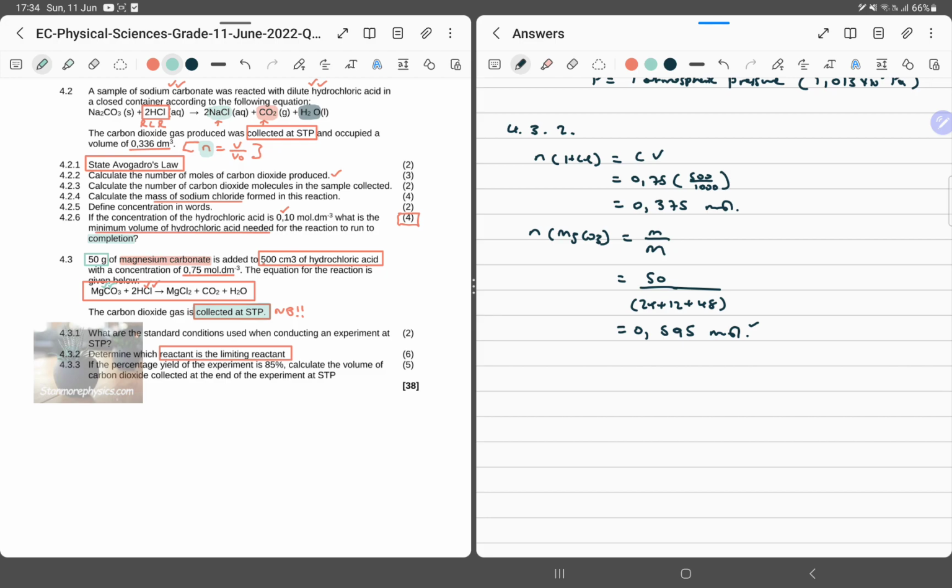Right, all right. So I don't know, what is the story here? So we can just say, since 1 mole of MgCO3 reacts with 2 moles of HCl.